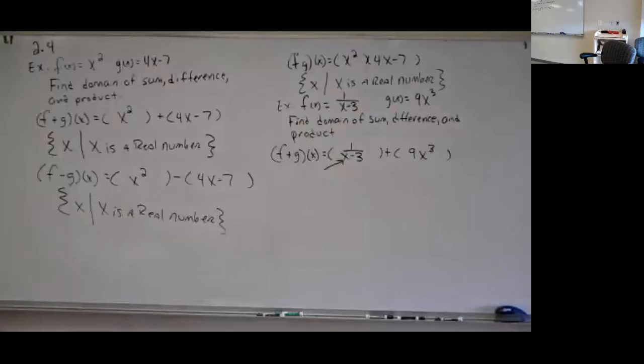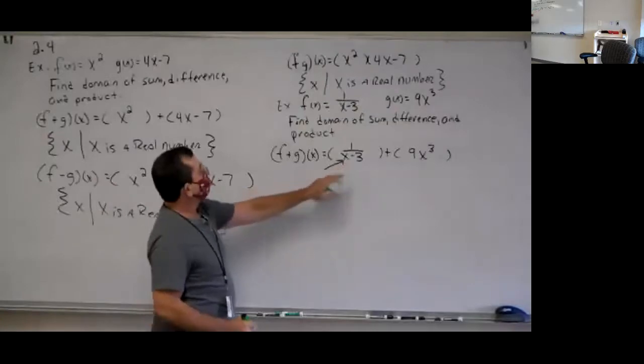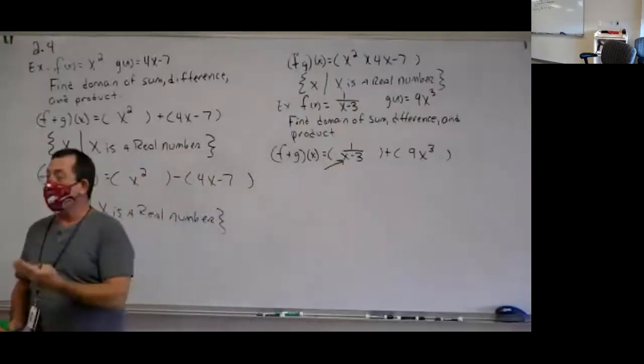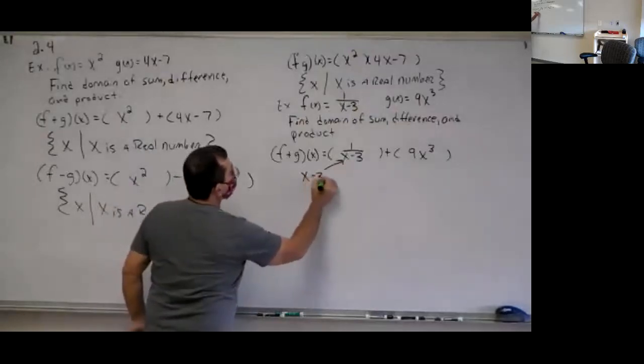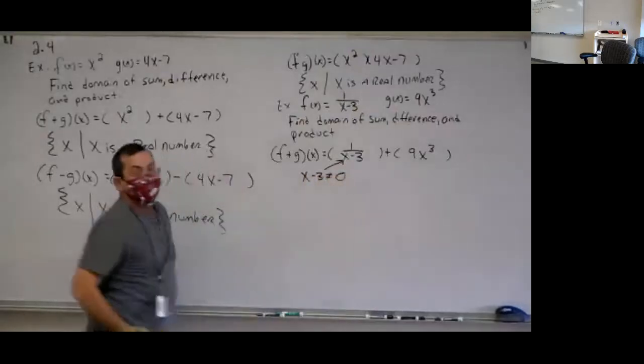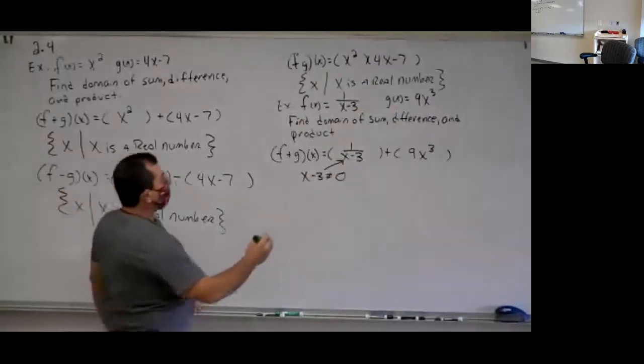Now the 9x to the third, not worried about it. Any number I can get into that. I can multiply it by itself 3 times and all that fun stuff. But we are worried about the first fraction. So to find any numbers that might make it undefined, all I did was take that bottom and we said it could not equal 0, right? So we solved that by adding 3 to both sides.